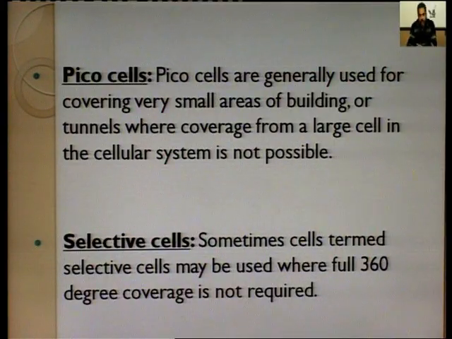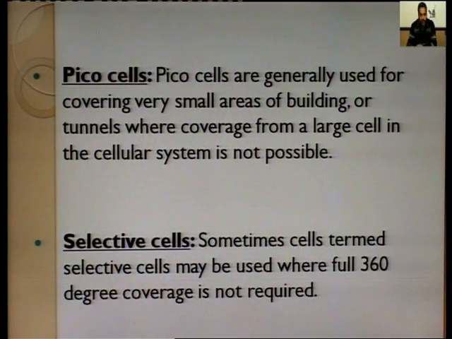Suppose in a tunnel the signal drops. So, at that tunnel we will put another base station, another tower to transmit and receive the signals in that tunnel, and that small cell is called the pico cell. It means a pico cell is located in a macro cell, it is the part of the cell which is used to cover that specific area.